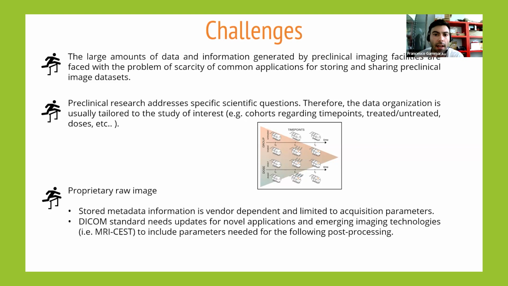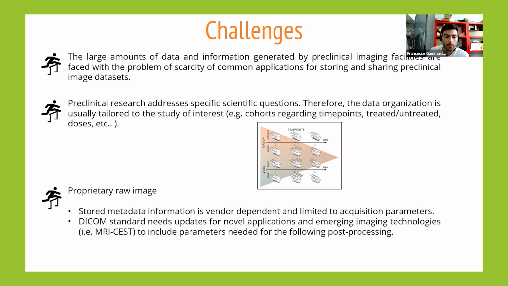And then another challenge is related to the proprietary raw images, because the images are stored in proprietary file formats, and so they depend on the vendor, the software and the hardware of the scanners, and they depend on the version of the software installed. And then for clinical imaging, we have the DICOM standard, that is the worldwide recognized format for clinical images.